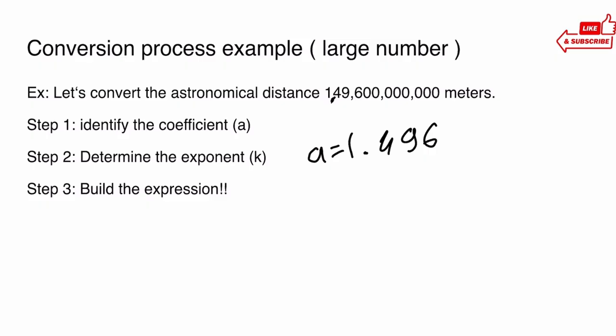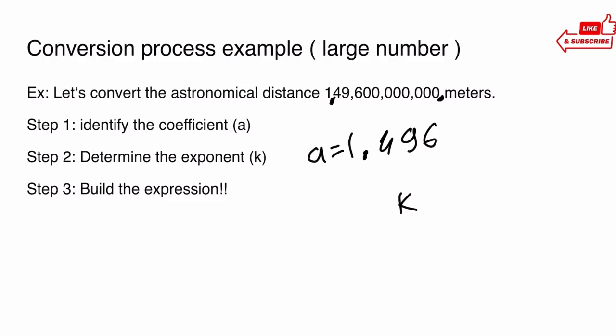Next, we need to determine our exponent k. So our original decimal point is here, right? And in order to determine our exponent k, we want to see how we get from here, where we're putting the decimal point for the standard form, 1.496, to the original decimal point.